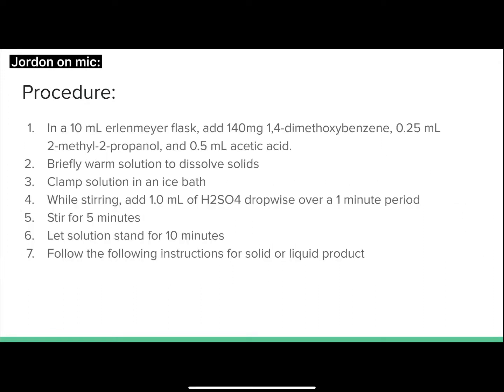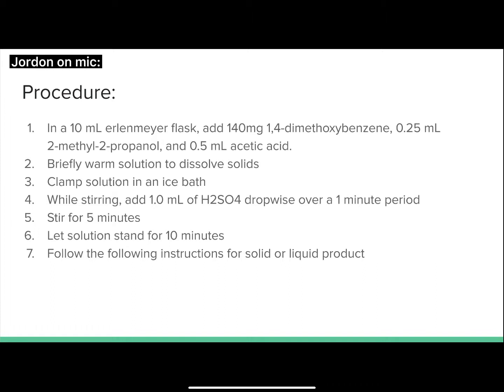Part 1 of the procedure is as shown. For step 1, in a 10 milliliter Erlenmeyer flask, add 140 milligrams of 1,4-dimethoxybenzene and 0.25 milliliters of 2-methyl-2-propanol and 0.5 milliliters of acetic acid. Step 2, briefly warm the solution to dissolve the solids.